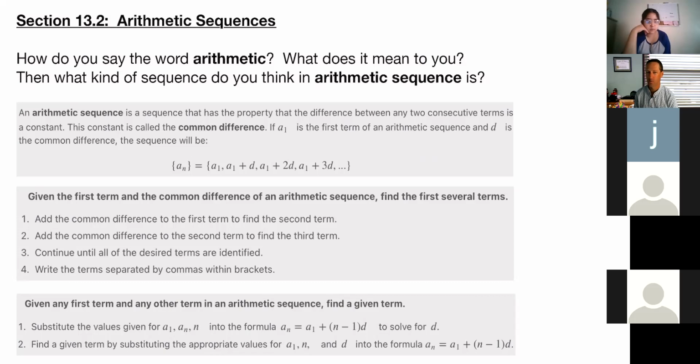Okay, that's our fancy way of letting you know that we're just going to be using arithmetic. And what is arithmetic? What does that mean to you? Order of operations. Good, that's one thing for sure. Get even more basic. Addition and subtraction. Yeah.